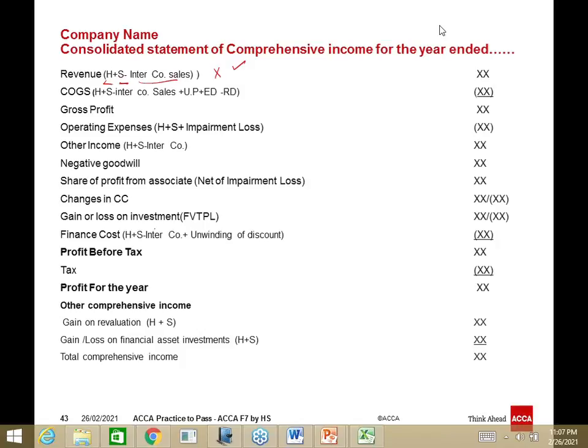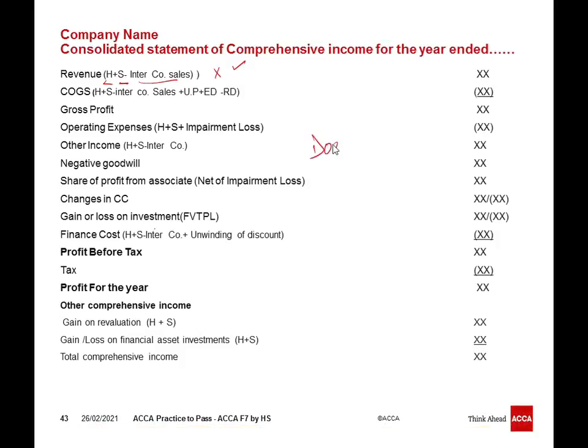Whenever you are preparing the income statement for consolidation, always remember that the date of acquisition is very important. Then cost of goods sold: holding plus subsidiary minus intercompany sales plus unrealized profit plus excess depreciation minus reversal of depreciation. All the depreciation related adjustments should be considered in the cost of goods sold.